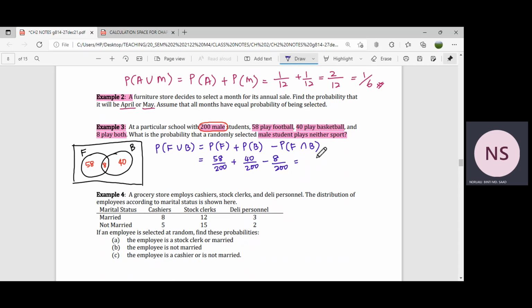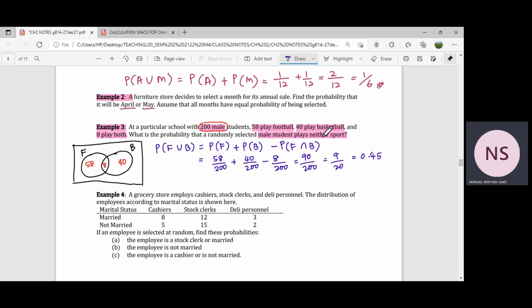Please check: 58 plus 40 minus 8 is 90 over 200, or 9 over 20. You may leave your answer in decimal, 0.45. This is when the male student plays football or basketball.